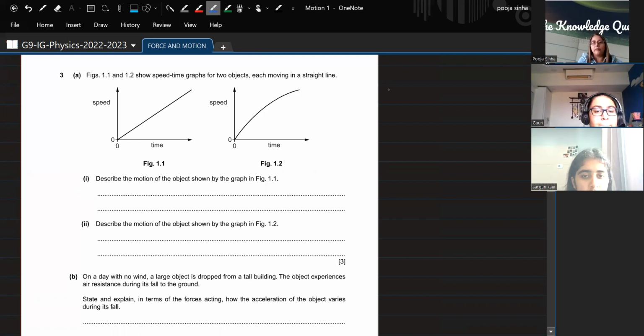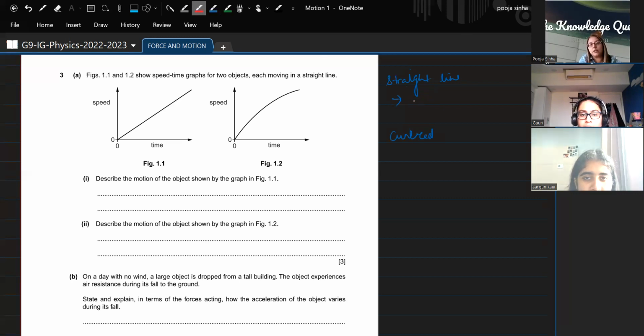So we know that whenever we have a straight line, what kind of motion is it? In this case, it's a speed-time graph, so it's accelerating at a constant rate. Whenever it is a straight line, you will always use the keyword uniform, and for a curve, you will always use the keyword non-uniform.